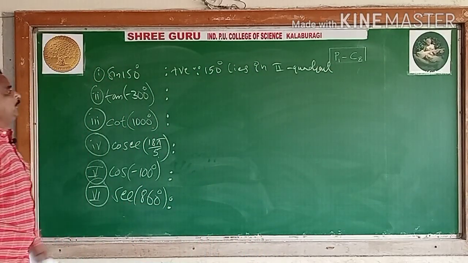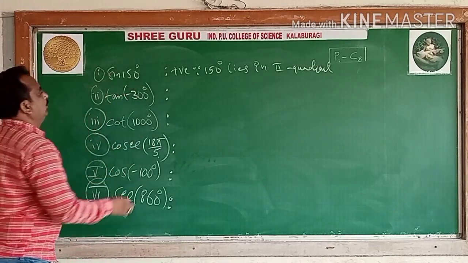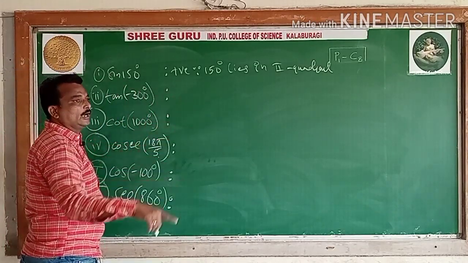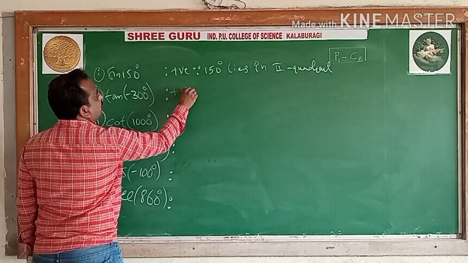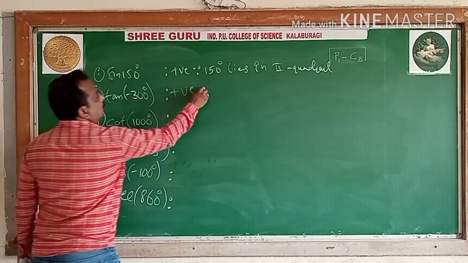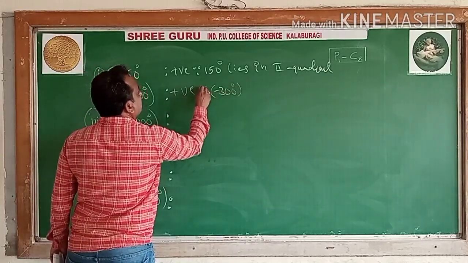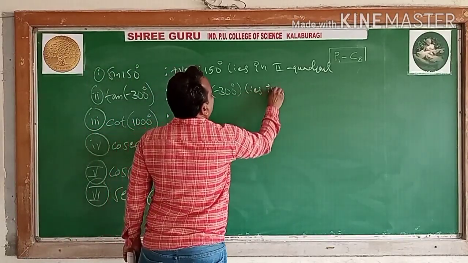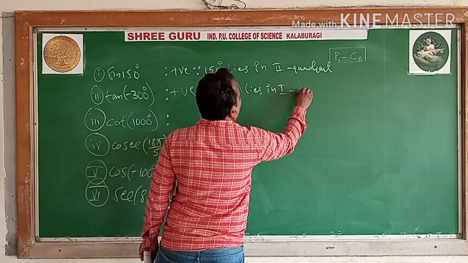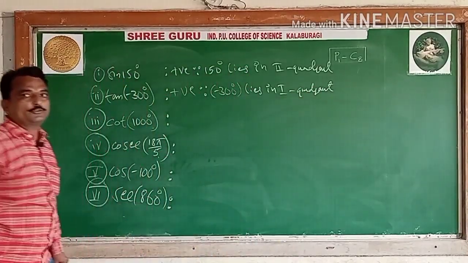There sin theta and cosec are positive. Minus 300 degree, clockwise direction. Again first quadrant. In the first quadrant all are positive, because minus 300 degree lies in which quadrant, students? First quadrant. In the first quadrant all the functions are positive.